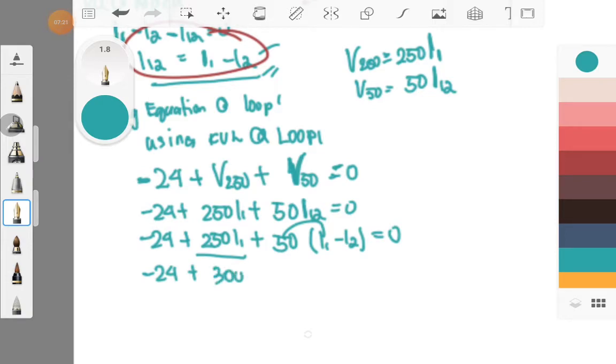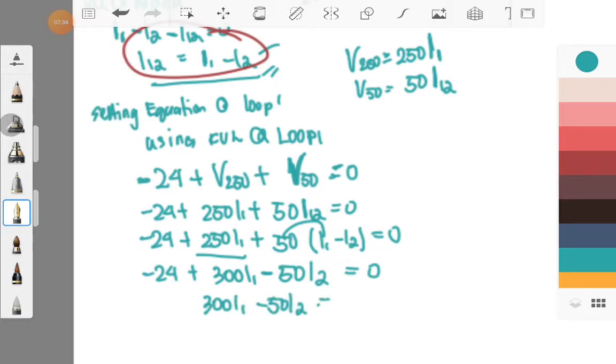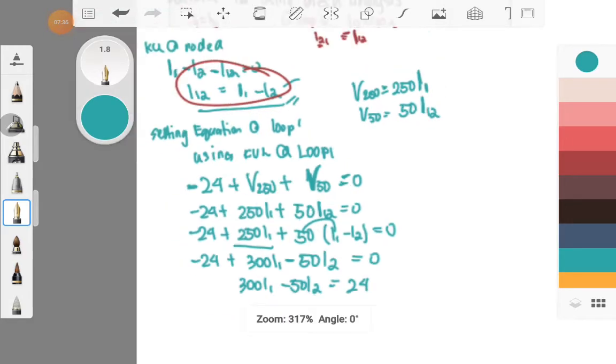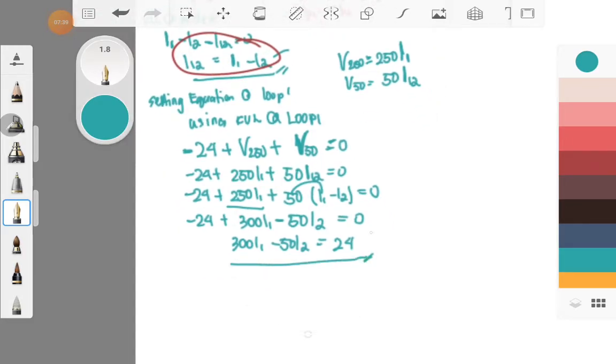So we have 300 I1 minus 50 I2 equals 24 volts. Okay, so this is our first equation.